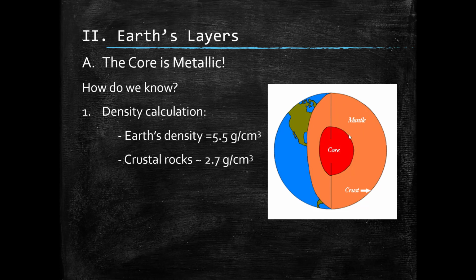We can also then get an average estimate for the density of crustal rocks. So the density of crustal rocks is about 2.7 grams per cubic centimeter. So that's nowhere near 5.5.